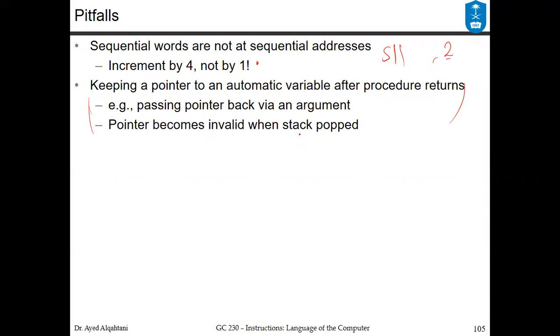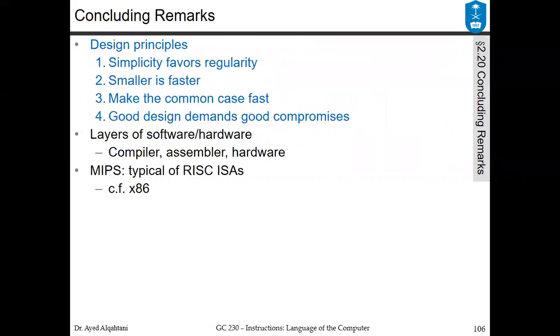Remember, when you have a procedure, what we do is popping at the end. If the pointer was popped too, then you can't use it anymore. It becomes invalid. So make sure that you don't use the pointers inside procedures without being careful.